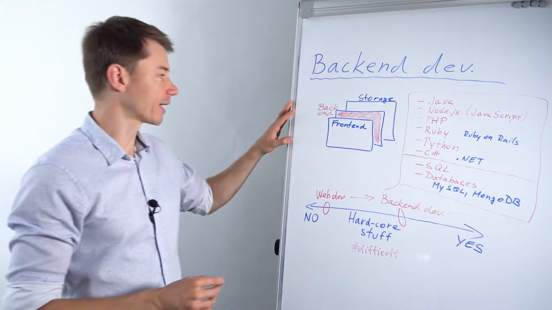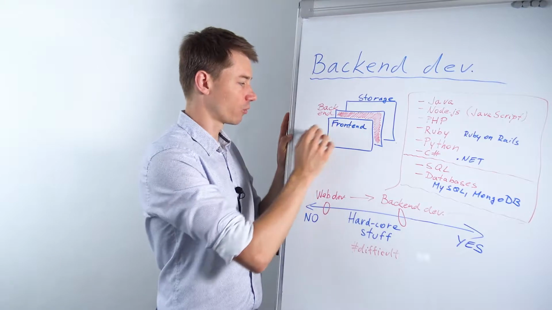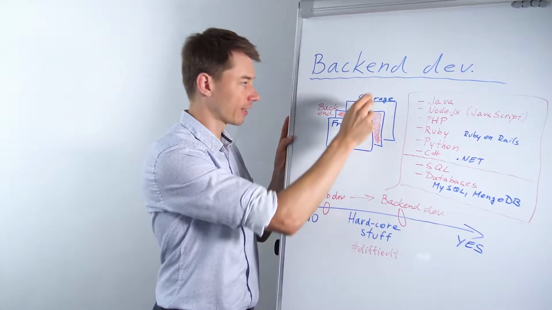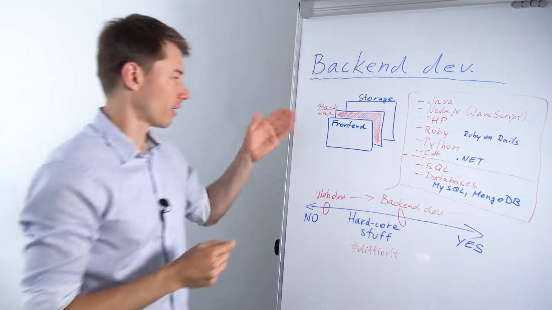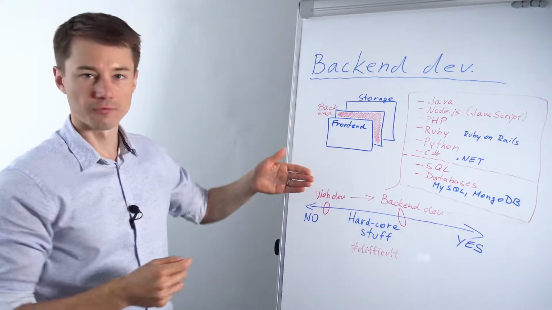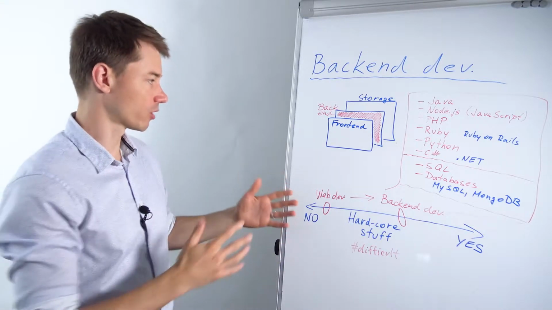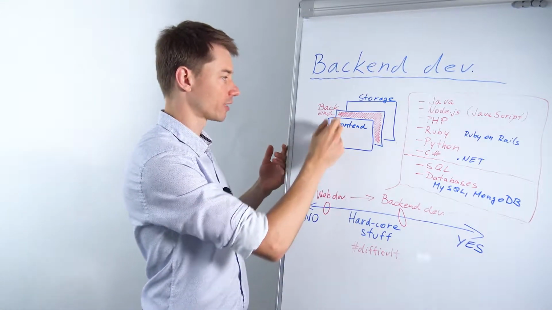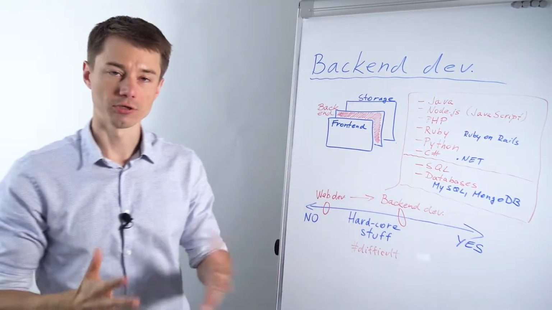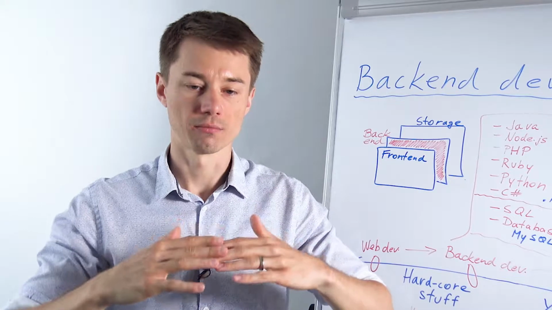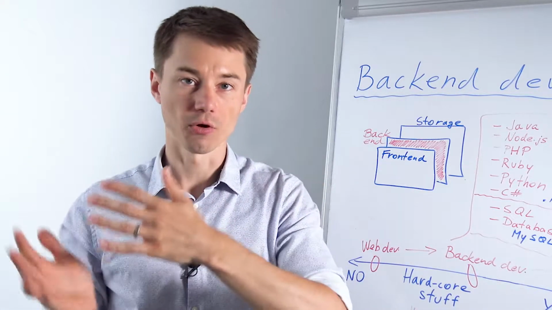Looking at a backend developer, say, we have these three IT layers: front end, backend and storage. In one of the previous videos, we talked about the web developer, someone who can work on front end, backend and storage. Someone who has a very shallow knowledge, but can work across all these systems.